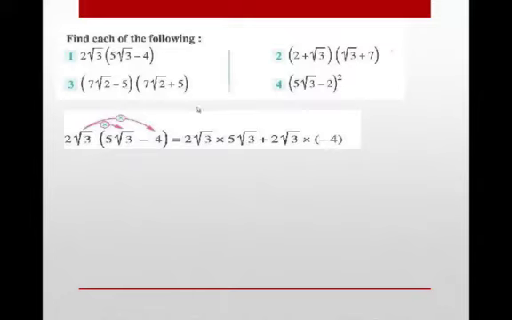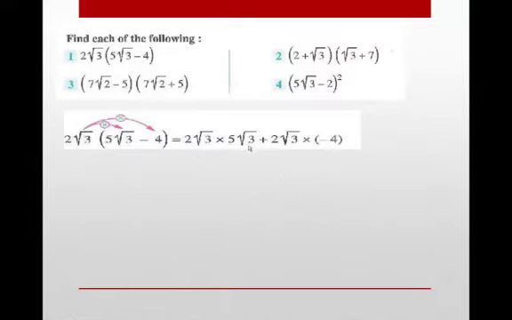Let's go. Number 1: 2 root 3 multiply 5 root 3 minus 4. We distribute: 2 root 3 by 5 root 3 plus 2 root 3 by negative 4. 2 by 5 equals 10.